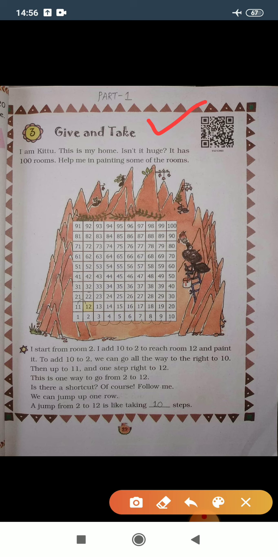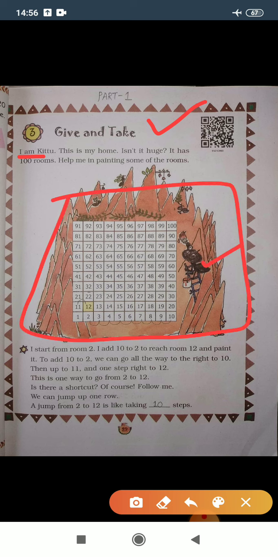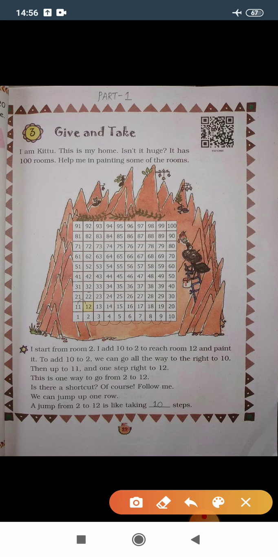Let's start. I am Kittu. This is my home. You can see in this picture, this is Kittu and this is Kittu's home. Isn't it huge? It has 100 rooms. Help me in painting some of the rooms.